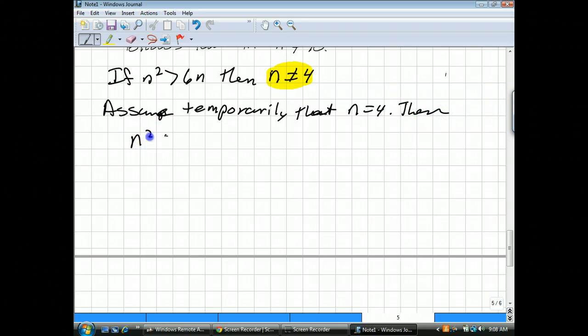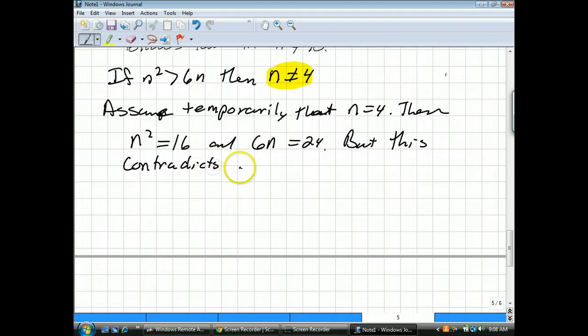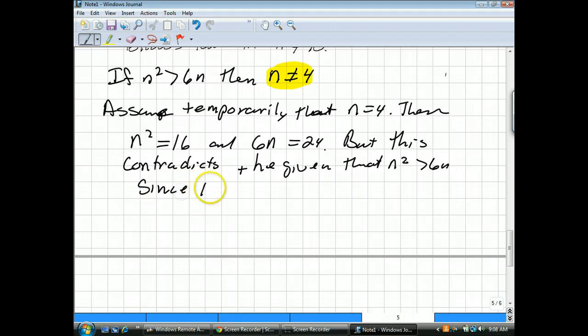Then n squared equals 16, and 6n equals 24. But this contradicts the given that n squared is greater than 6n, since 16 is not greater than 24.